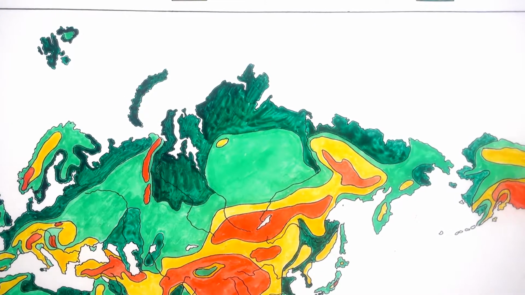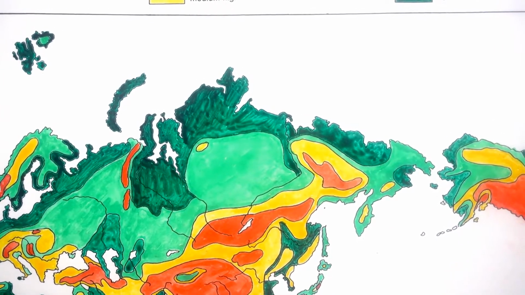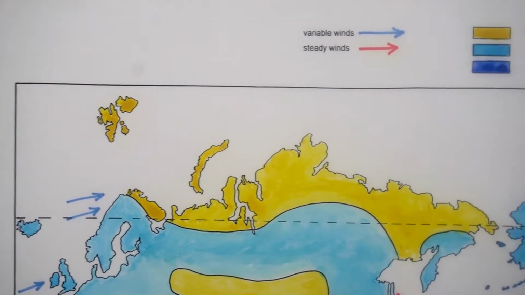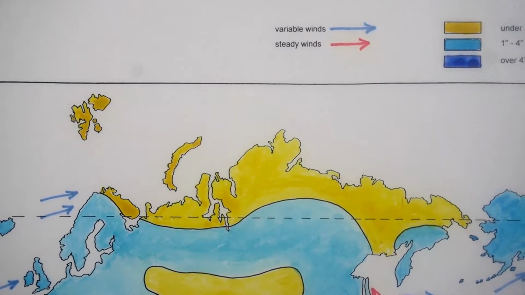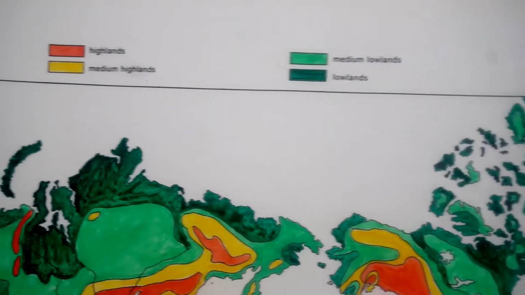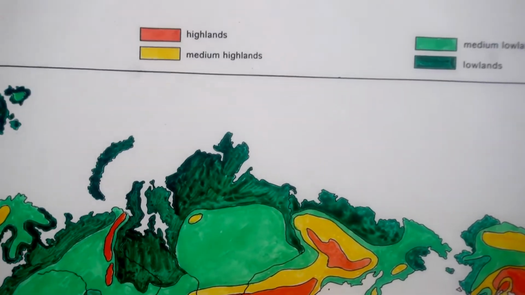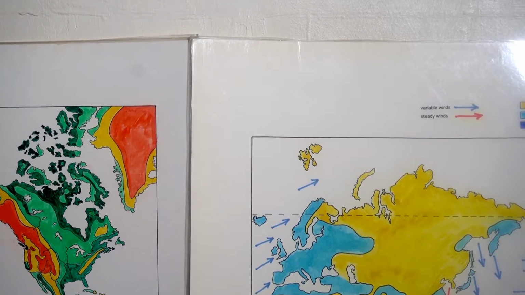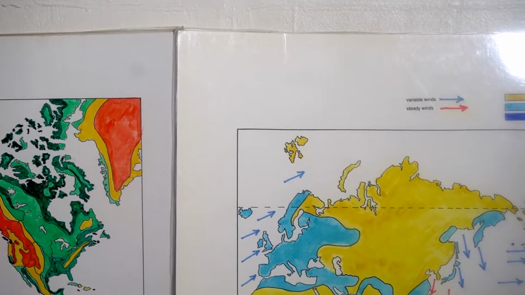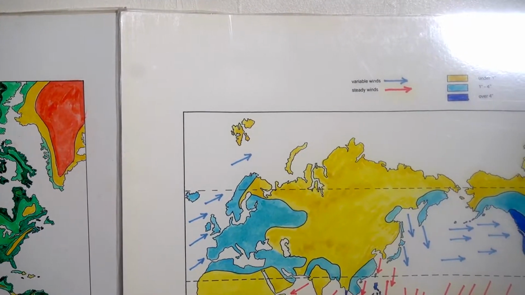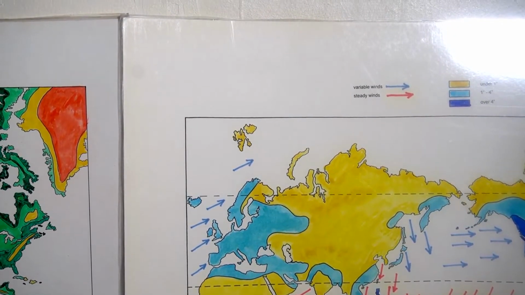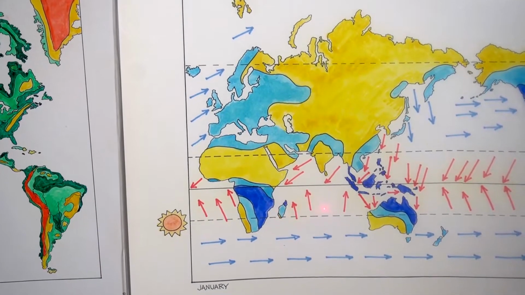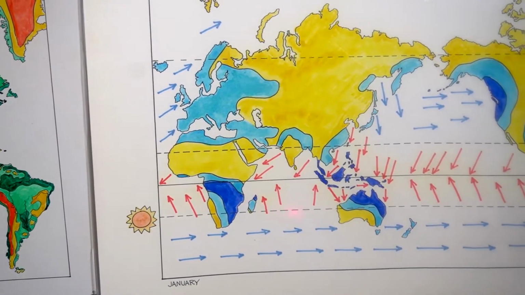Now I will show you something else. Let's look at this map. This is July. Let's start with January. Looking at this map here, in January, the perpendicular rays, you remember those perpendicular rays? They're here, right here in the southern hemisphere at the Tropic of Capricorn. So here.